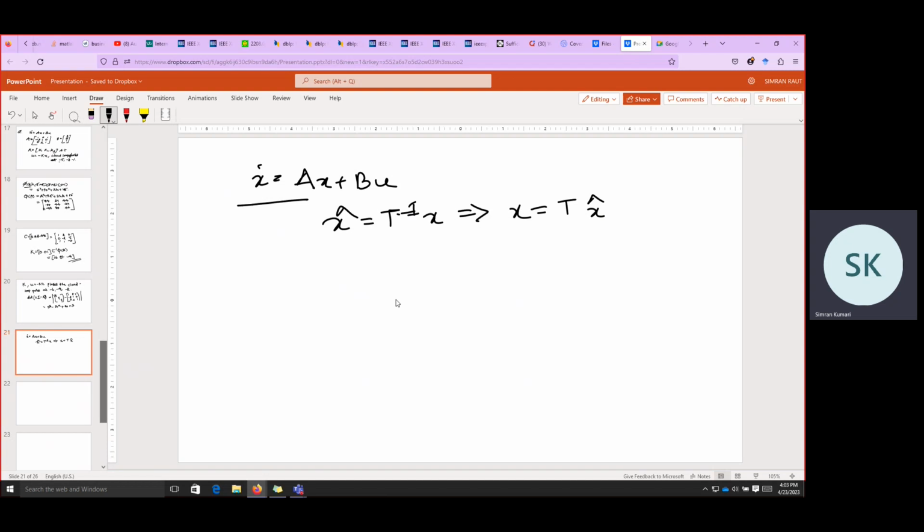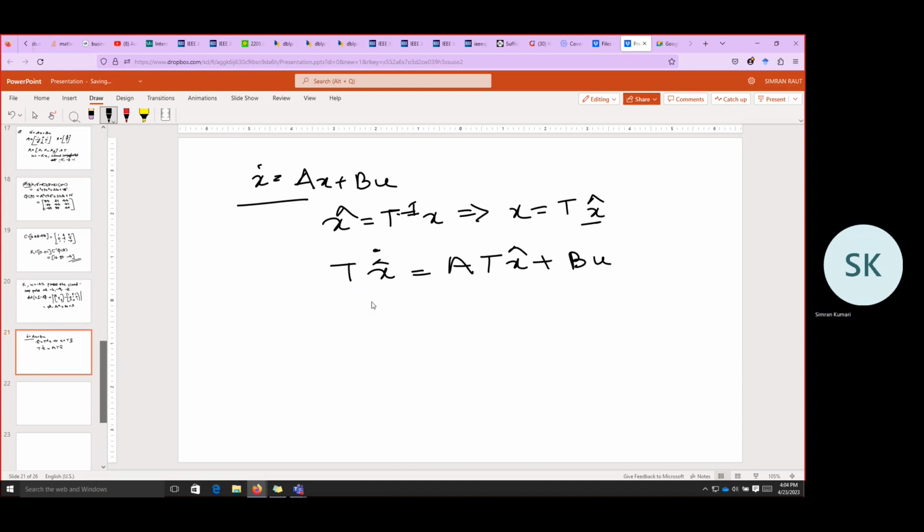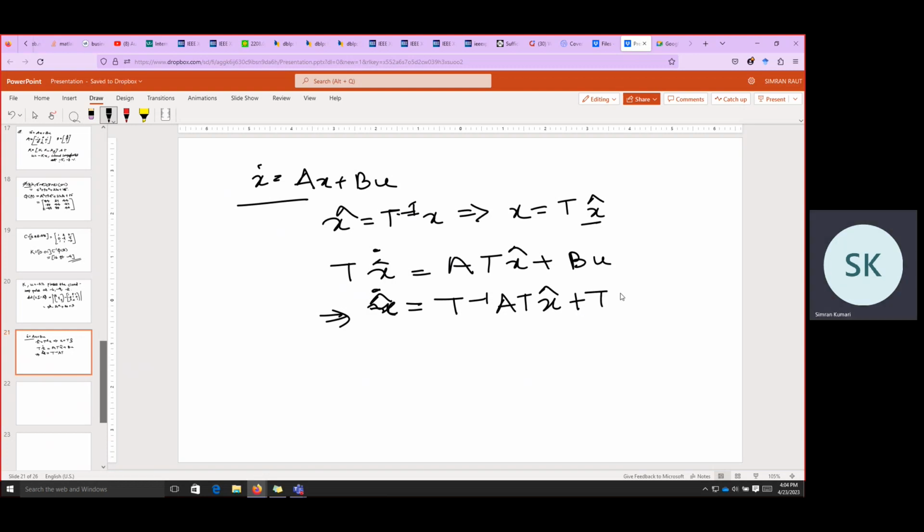So now we can write this system in terms of the new state x cap. So this is T x cap dot equal to A T x cap plus Bu. Then this will lead to x cap dot equal to T inverse A T x cap plus T inverse B u.